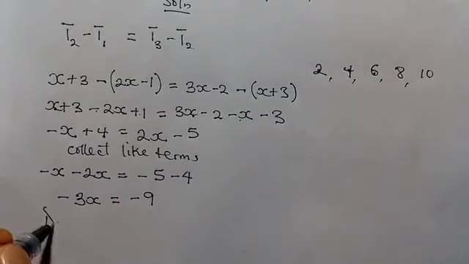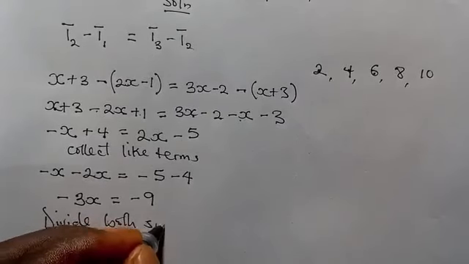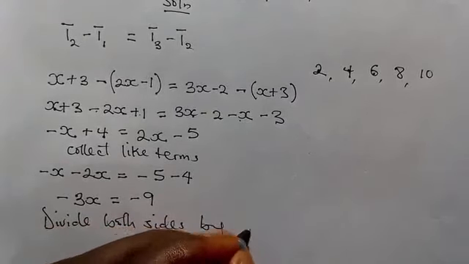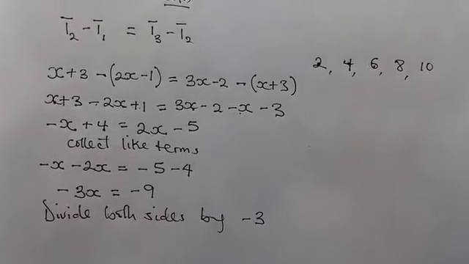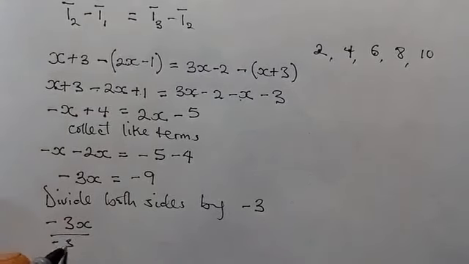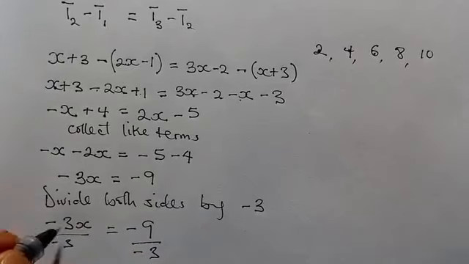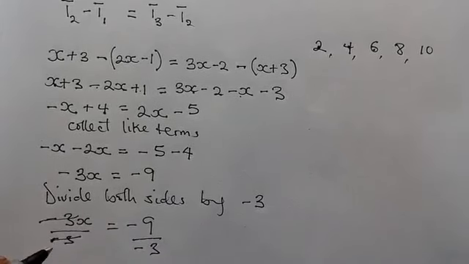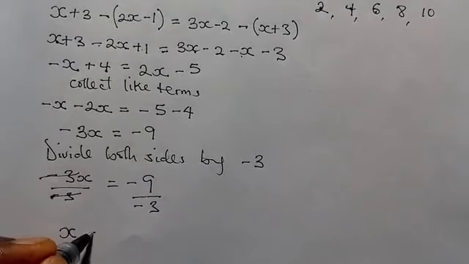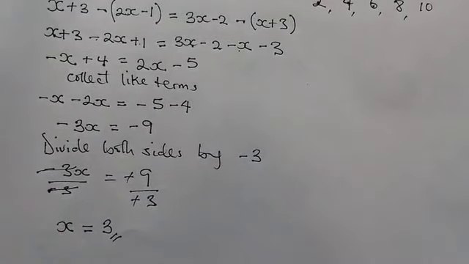So at this point, we will divide both sides by minus 3. So that we have minus 3x over minus 3 equal to minus 9 over minus 3. Minus 3 here will go with this minus 3, and we are left with x equal to, minus cancels out minus, 9 divided by 3, we have 3. So the value of x has been found to be 3.